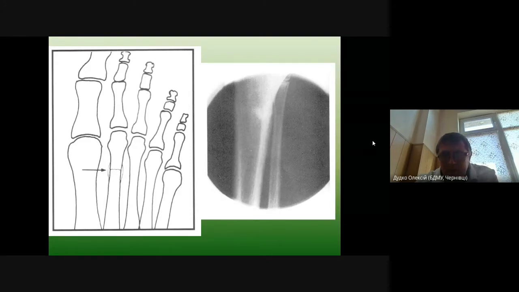So when we have such type of fracture, we should check clinical symptoms, and for non-displaced fractures, you won't see any deformity. You won't see pathological mobility and crepitation as well.